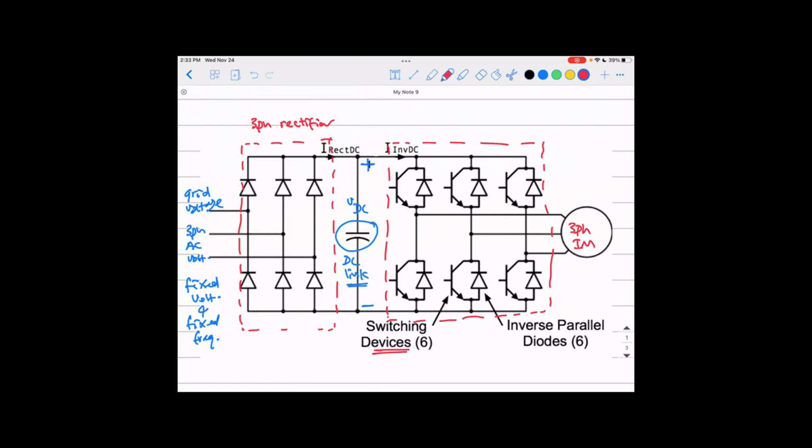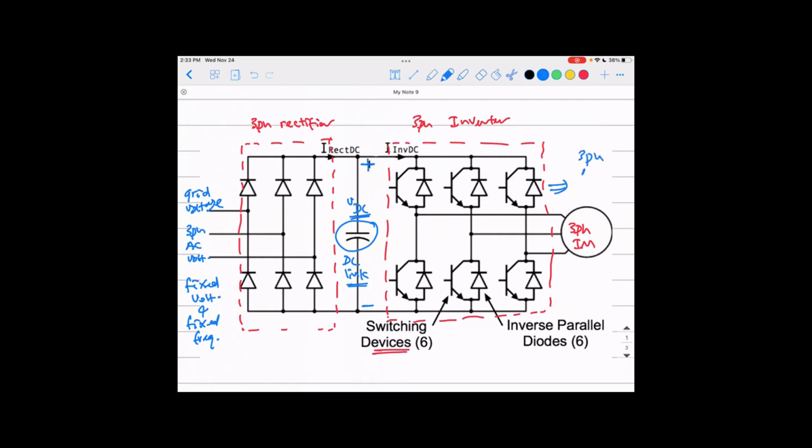Those 6 are also three-phase, but we call it an inverter. And this actually transforms the DC voltage to AC voltage again. So it takes this DC voltage from here and transforms it to an AC voltage, so it goes here to the motor.